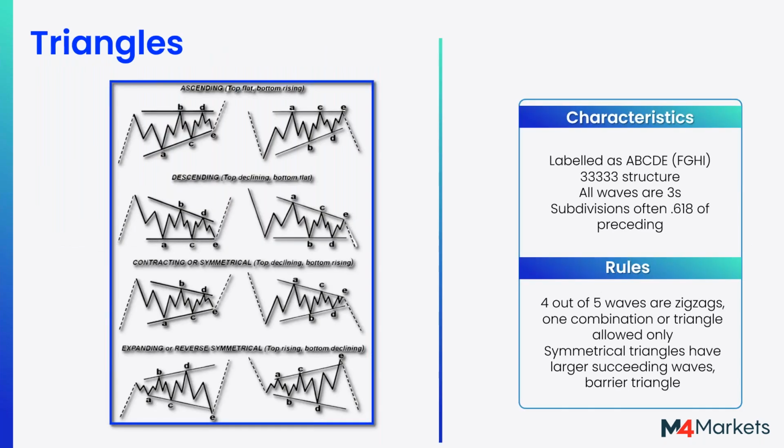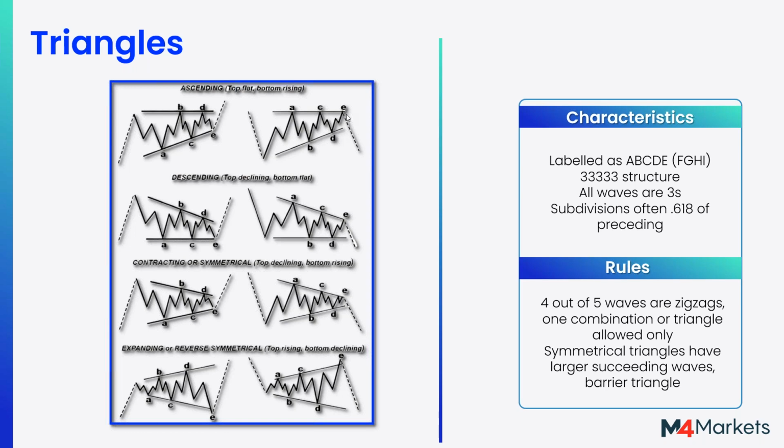And then off we'll go to triangles. You have the barrier triangles, which are the ascending and the descending. You have the contracting or symmetrical triangles. You have the expanding triangles as well. They are labeled as A, B, C, D, E, but sometimes you might see F, G, H, I, because it is also a 9-wave triangle.